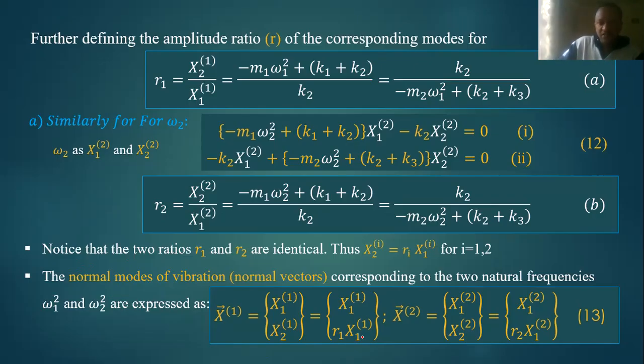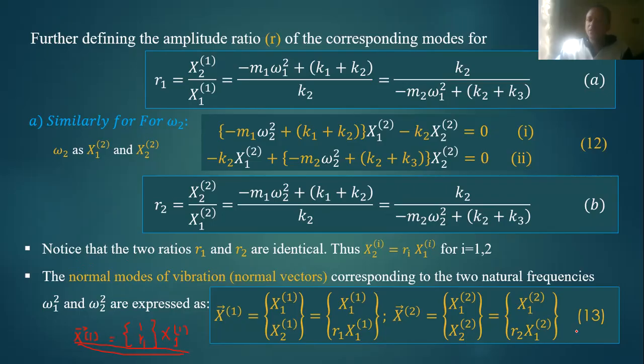So this X of 1 can be represented as 1, R1, then X1 of 1. This is the eigenvector representation. These are called eigenvectors.